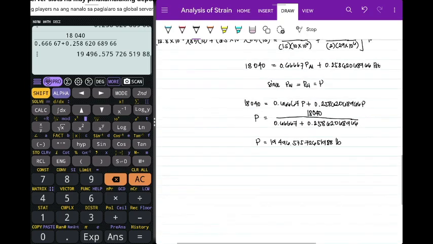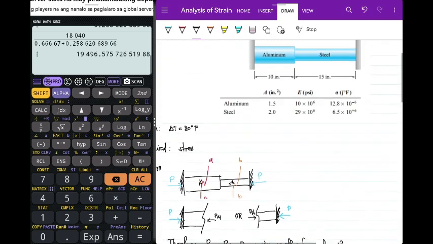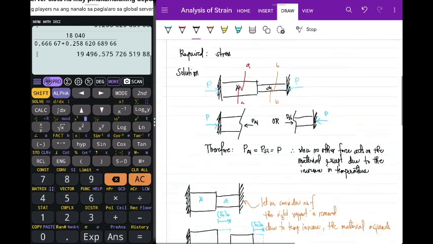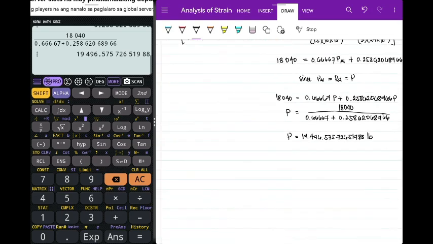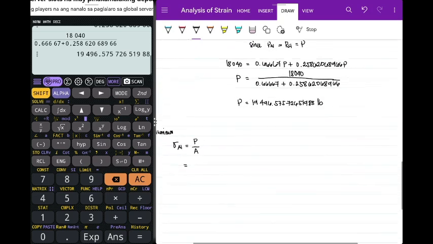We can then use this calculated P in solving for the individual stresses, because from the equilibrium equation, the value of the internal force that manifested inside AL is equal to P. At the same time, the value of the internal force inside ST is also P.